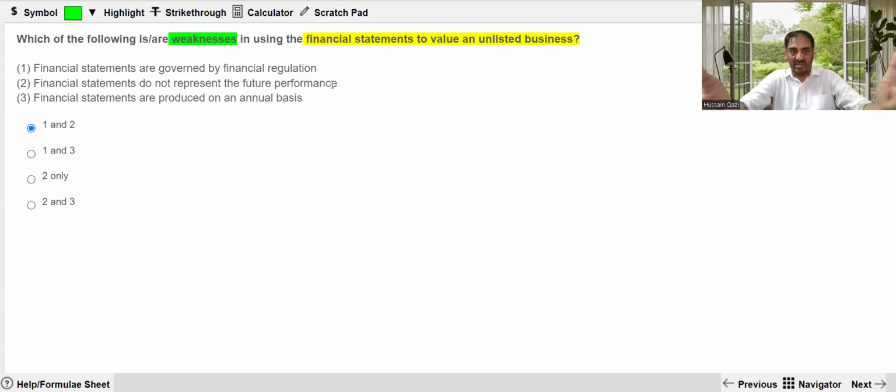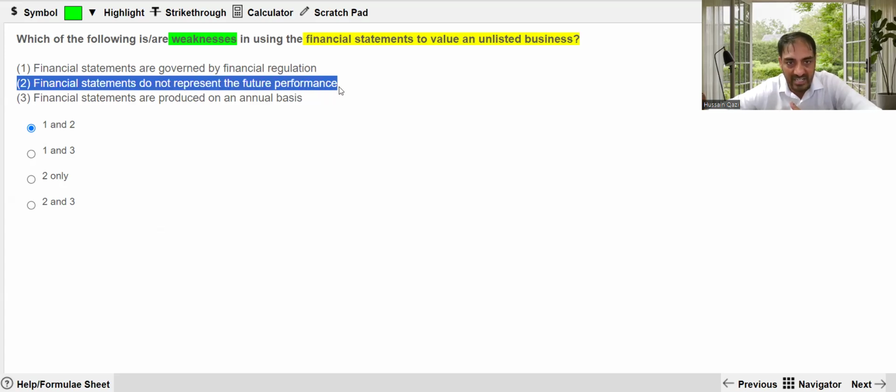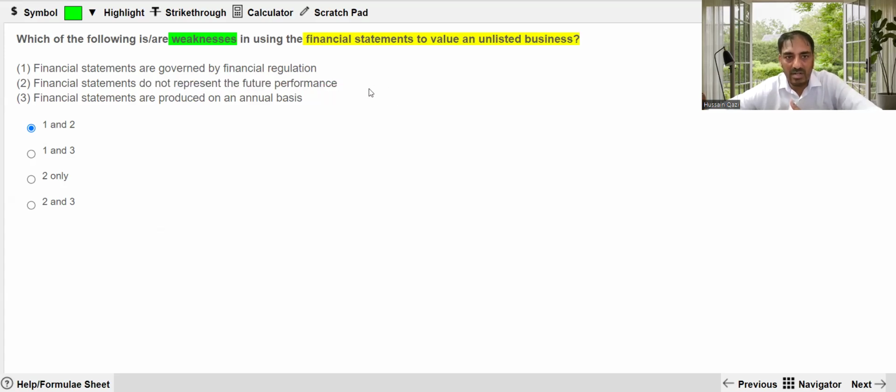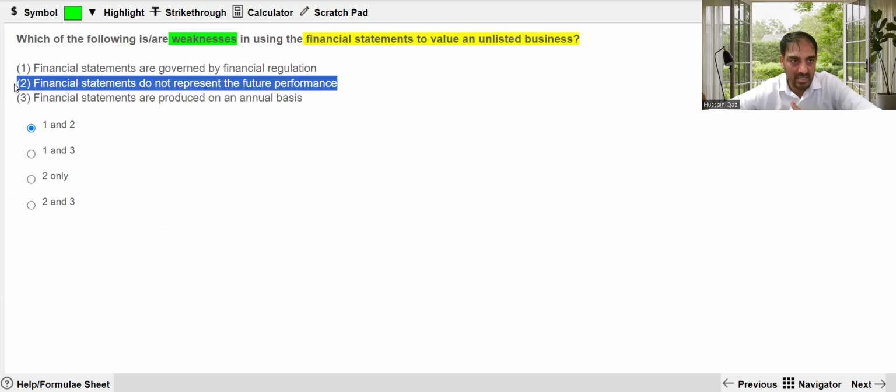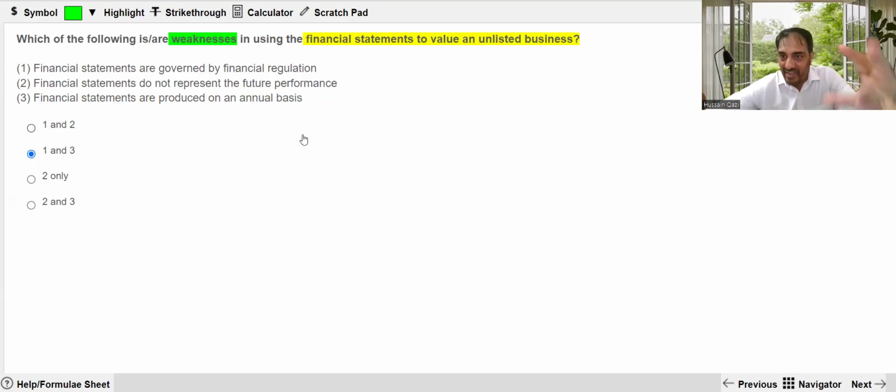The financial statements, income statement and balance sheet, are about the past, showing the past performance. They do not show the future performance. So point number 2 is absolutely right. It's a real weakness, right? It means it's a weakness. Financial statements do not represent the future performance.